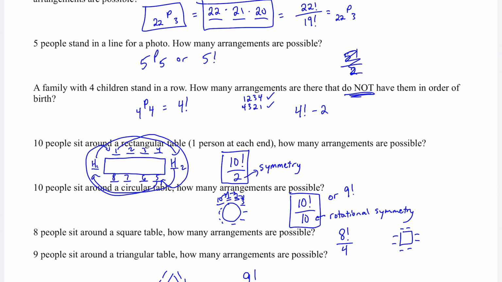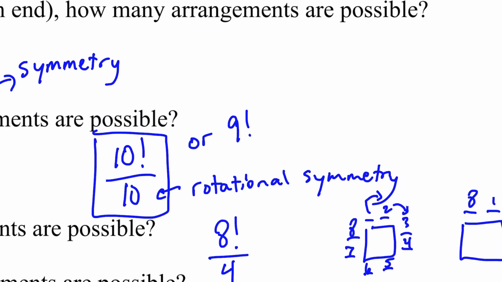Now you do have to buy in with me on some of this. I'll back up to the previous question. So if I number those people 1 through 8, if everybody moves 1 position to the right, so 1 becomes 2 and 2 becomes 3, let me just draw that for a second. So here's 1, 2, 3, this would become 8. If I just look at it from the perspective of 1, okay, so 1 right here has 2 on its left, and 8 is not quite on its right.